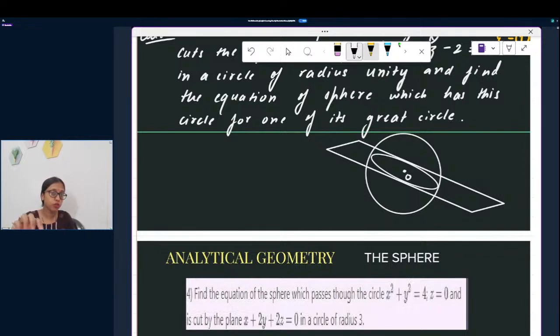In that case, you can observe that O is the center of the circle also and O is the center of the sphere also. Okay, we'll discuss this question after a break.